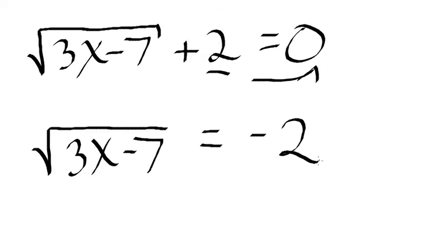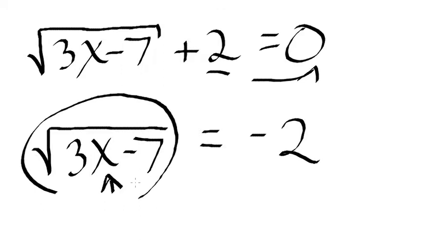Now, I don't know if we've talked about this or not, but the square root of a real number can never be negative. So no matter what x is inside of here, the whole thing will never be negative.